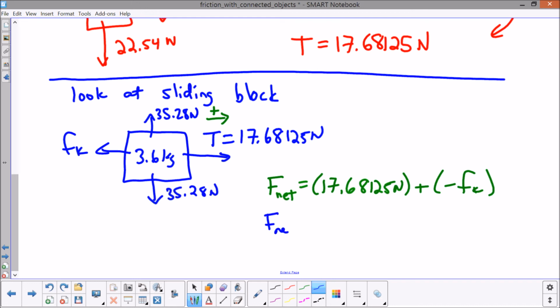I also have that the net force acting on the sliding block is the mass of the sliding block, 3.6 kilograms, times the acceleration that we calculated. Again, that was 2.1125 meters per second squared.